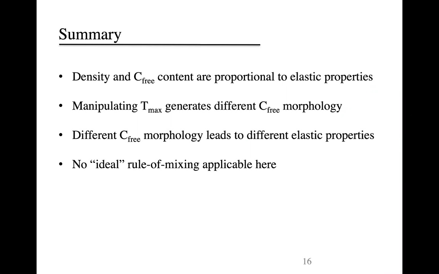Additionally, we see that choosing different values of Tmax results in carbon structures that can vary quite a bit, from dispersed carbon phases, as we see in some models, to highly segregated tubular networks for models with higher Tmax. And of course, models with different free carbon morphology also end up with different elastic properties. So really, we cannot apply any ideal rule of mixing in this case.